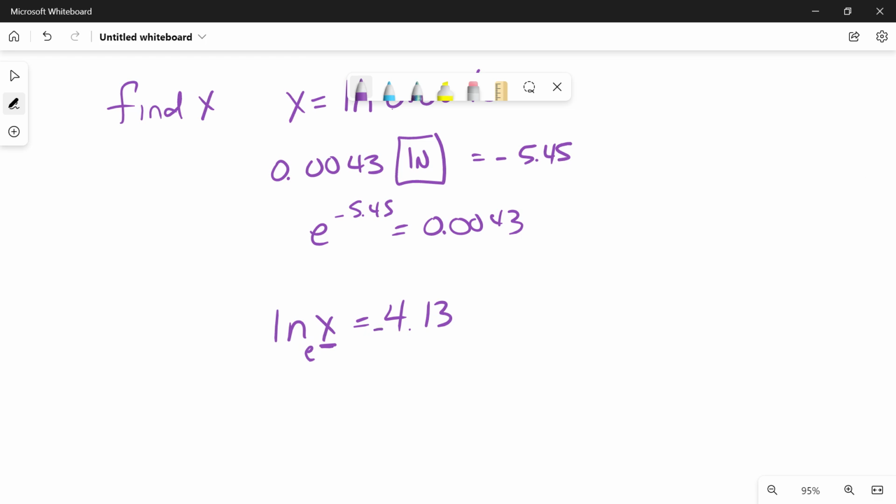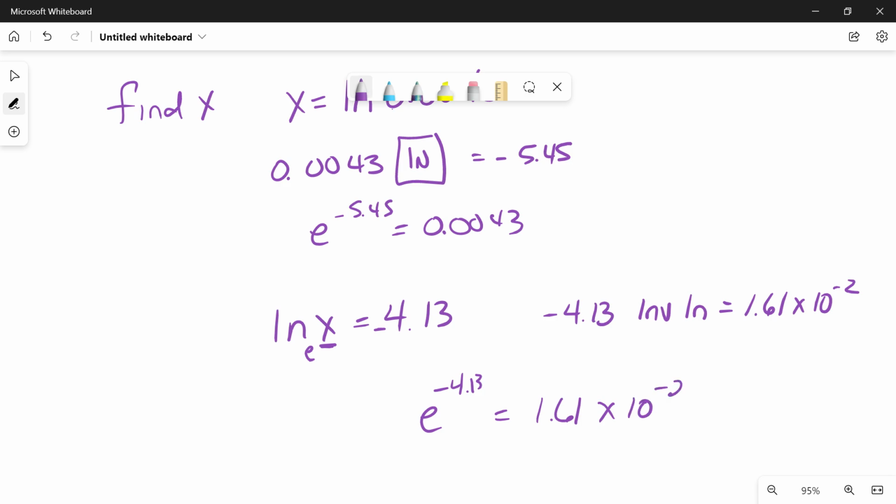So I'm going to key in negative 4.13, inverse, natural log, hit equal, and I'm going to get 1.61 times 10 to the negative 2. That's telling me that when e is raised to the negative 4.13, what I get is 1.61 times 10 to the negative 2.